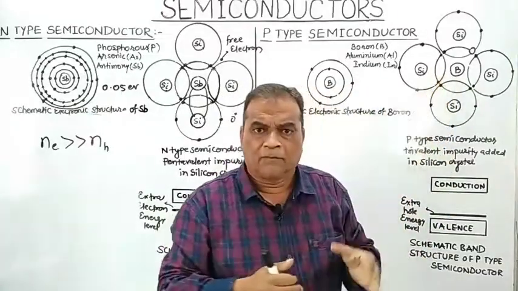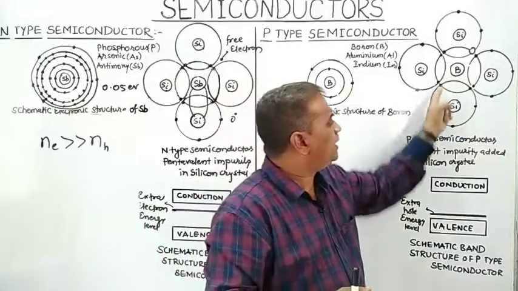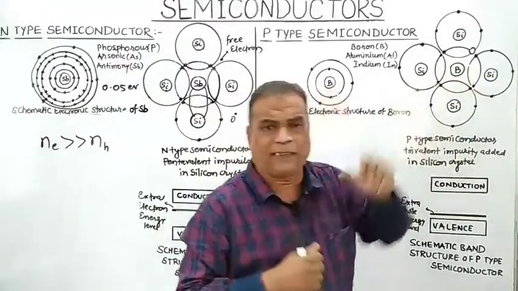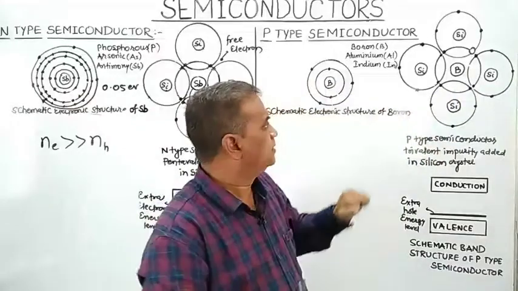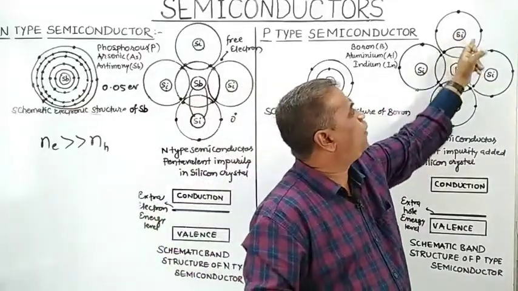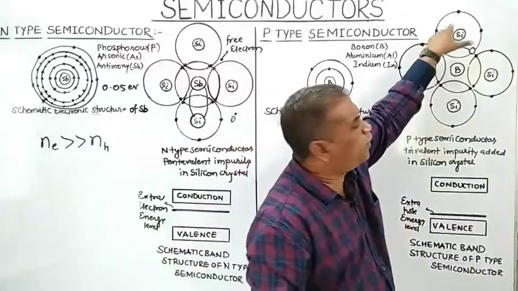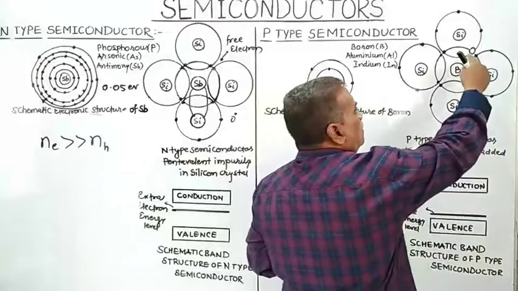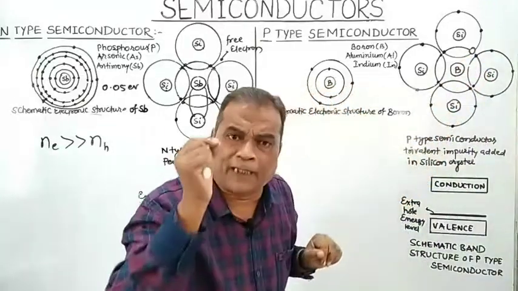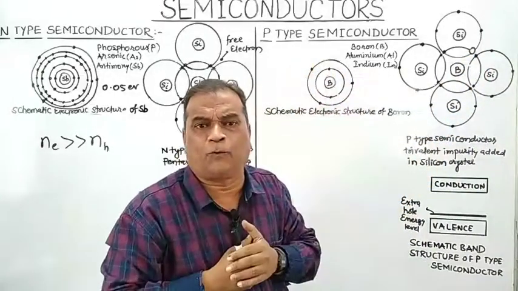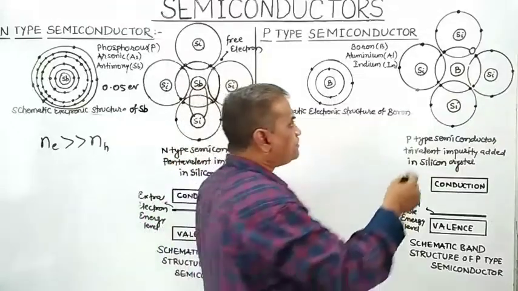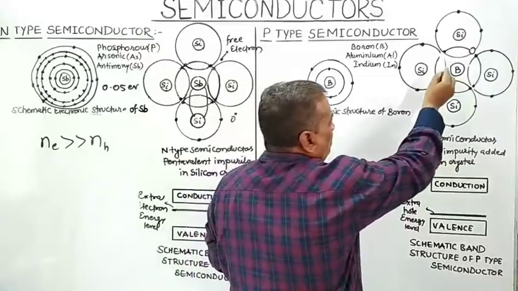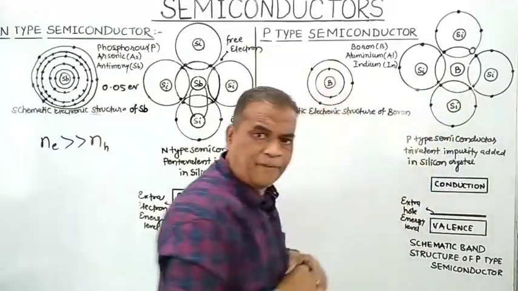Boron forms 3 strong covalent bonds with 3 of its neighboring silicon atoms, whereas the formation of the 4th covalent bond with the 4th silicon atom is incomplete due to a deficiency of electron. See what happens? Boron has 3 electrons, let us say these are 1, 2 and 3.